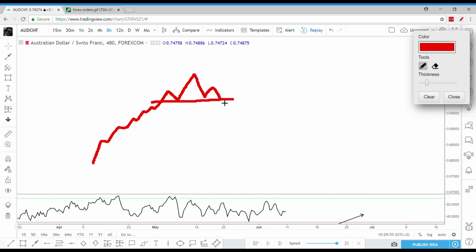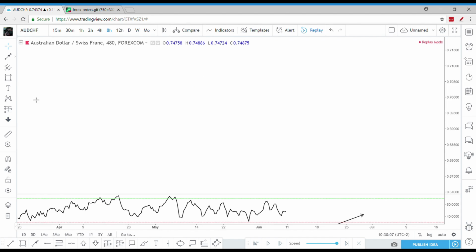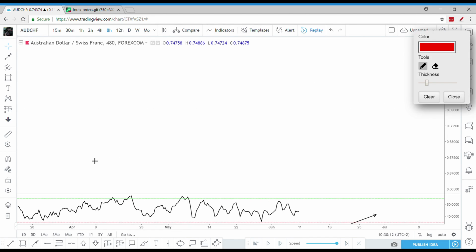What you're basically waiting for is a break to confirm that the move is going down, and then taking the entry. By the way, remember, head and shoulders is basically the shape, but if the head and shoulders looks something like this, that's still a head and shoulders, only the neckline is like that.